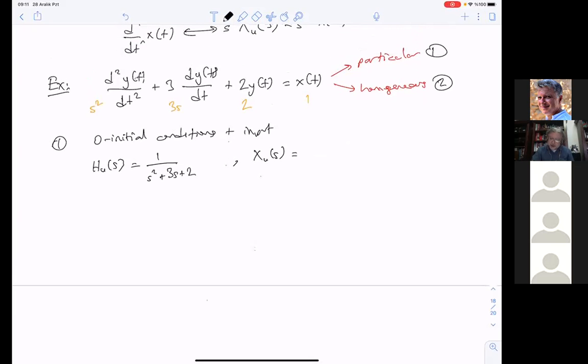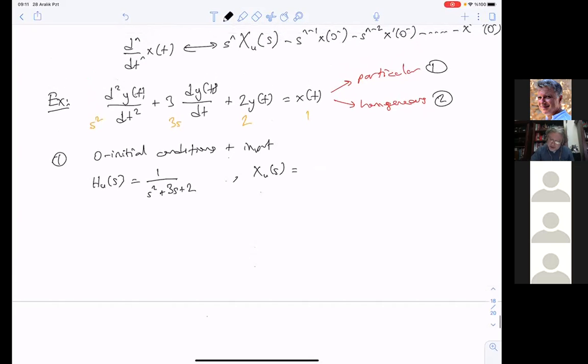So we have to put the X of T here. What is X of T, in other words? What is the perturbation that is applied? X of T is alpha times U of T.